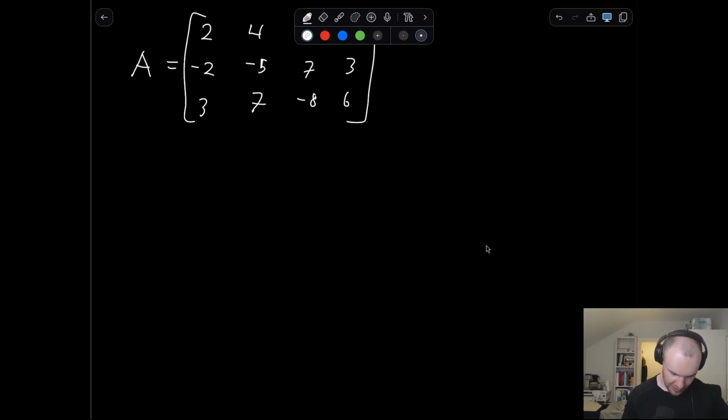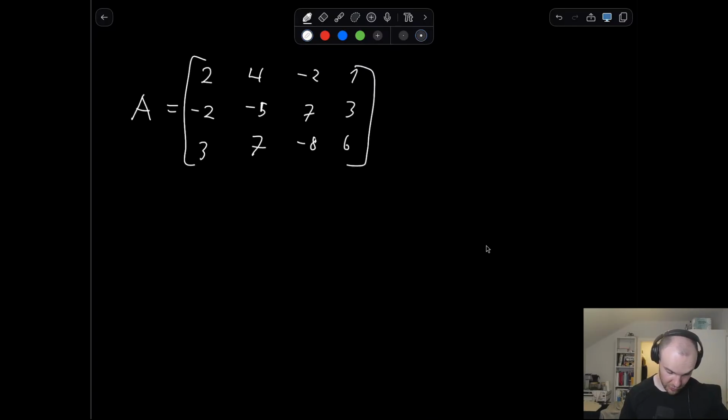Okay, the first thing you do is row reduce it. So if I want to row reduce this, what I will do is take the row in the middle and add it to both the top and the bottom.